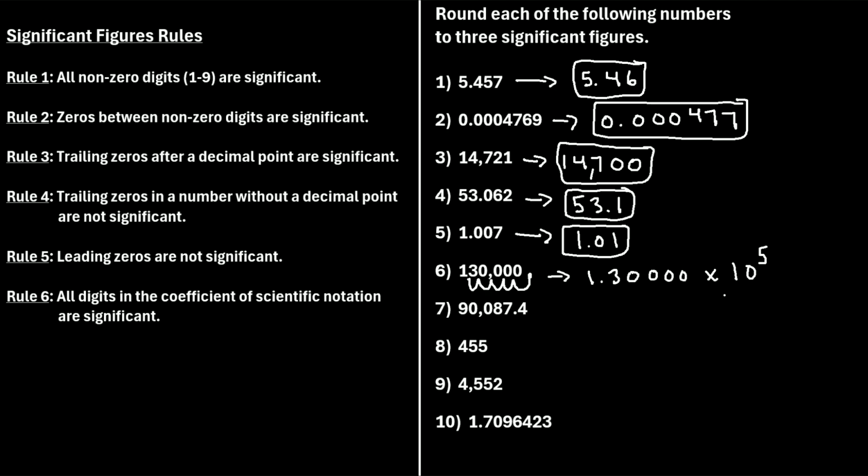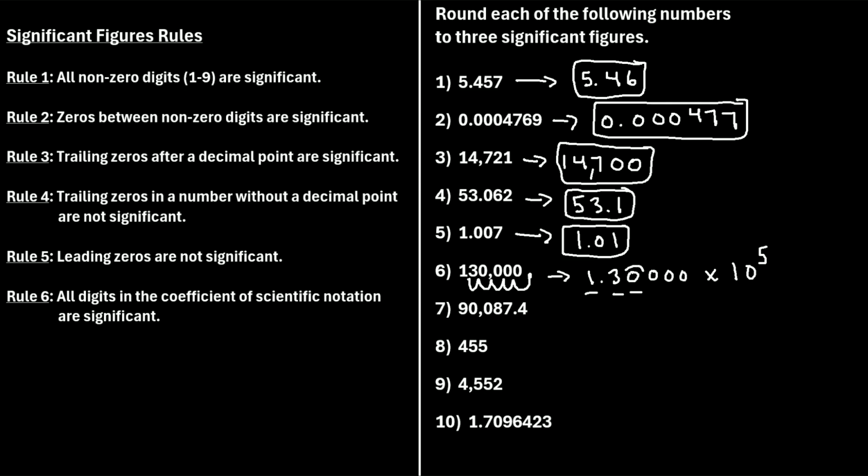And the reason that we rewrite it like this is because we can reference rule number 6 here, which says all digits in the coefficient of scientific notation are significant. So the coefficient, that's the number that comes before the 10. So what that says is that all of these digits in the coefficient, even these trailing zeros out here, all of these are significant. So now what we can do is we can say, okay, what are the first 3 significant figures? Well, that would be the 1, the 3, and the 0.